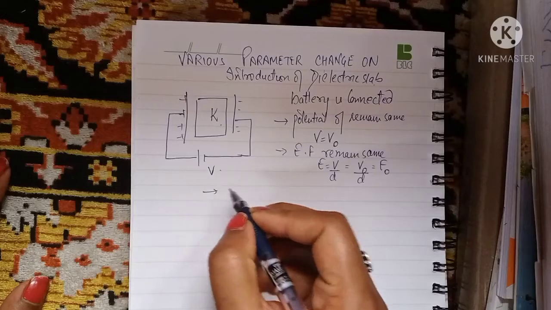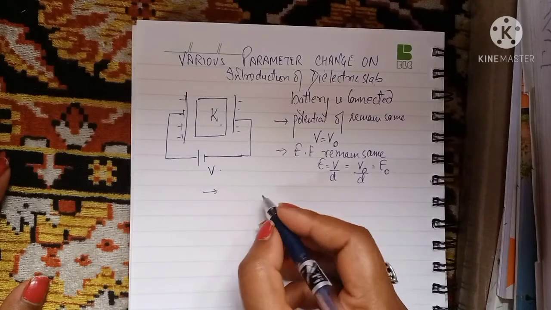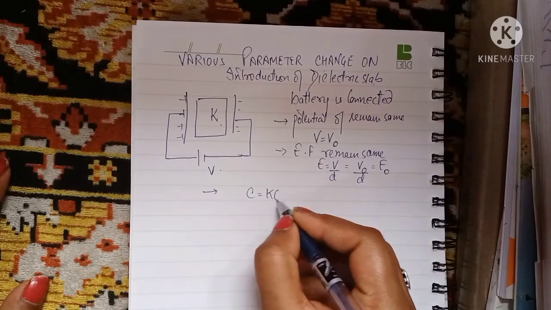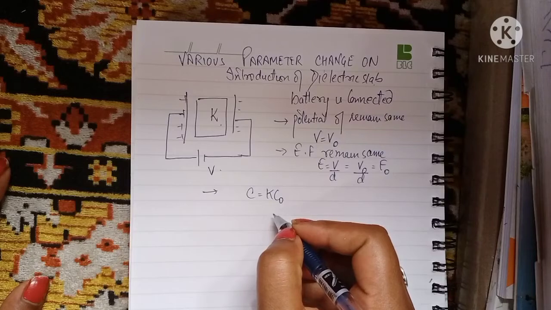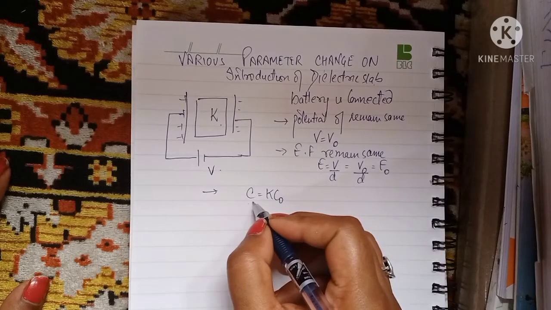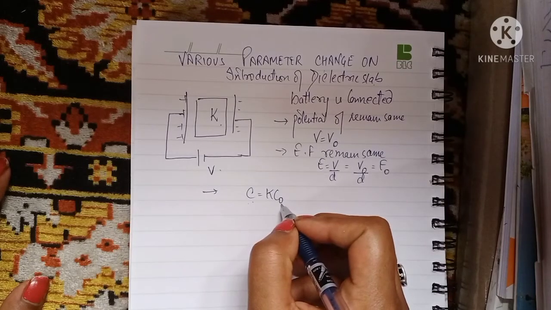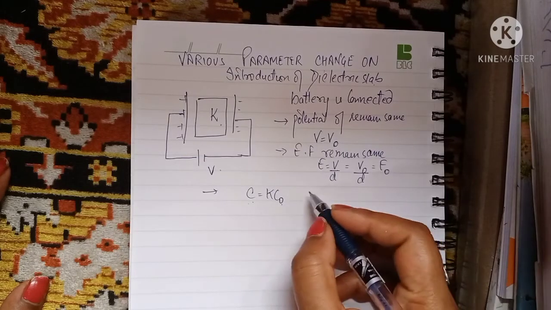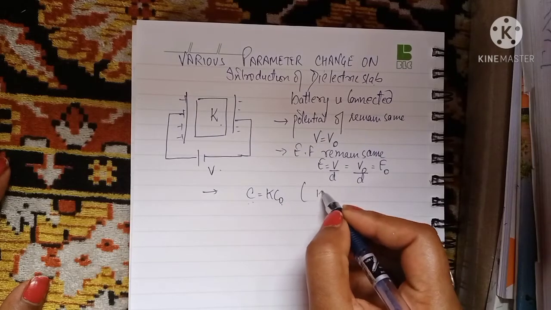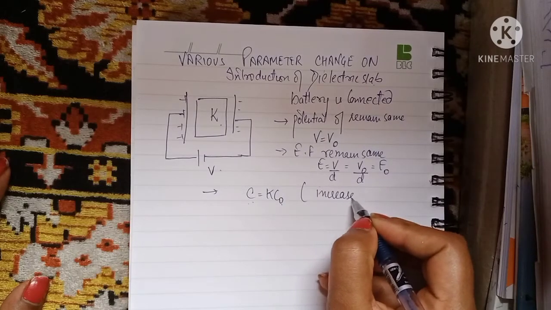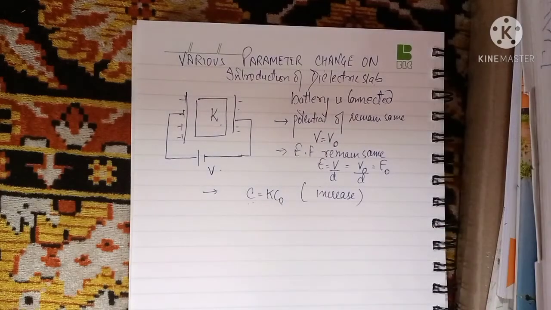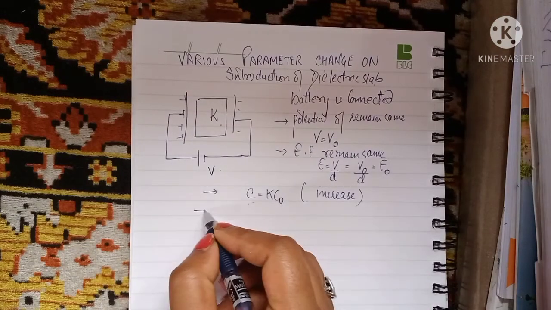Third factor is the capacitance, which is going to change. As we know, C is equal to Kc naught, so the final capacitance is going to increase. So whenever the battery is connected and the dielectric slab is placed between the parallel plates, one factor that is going to increase is capacitance.